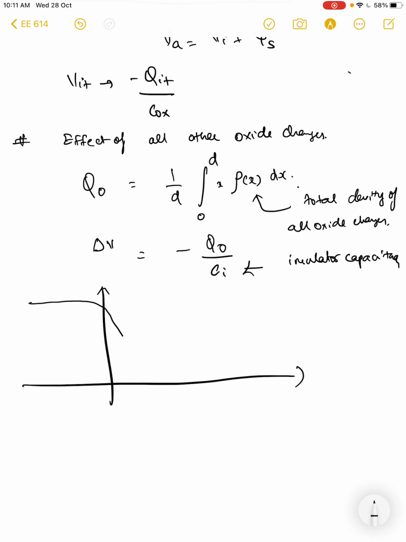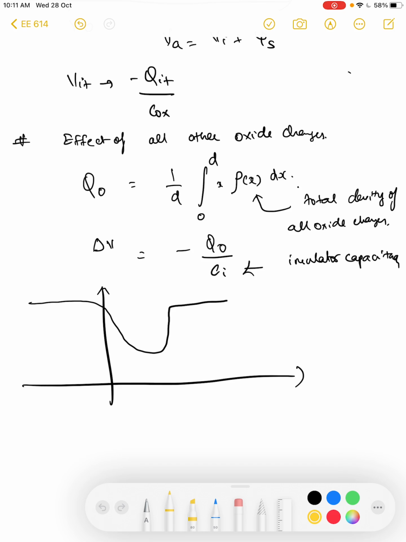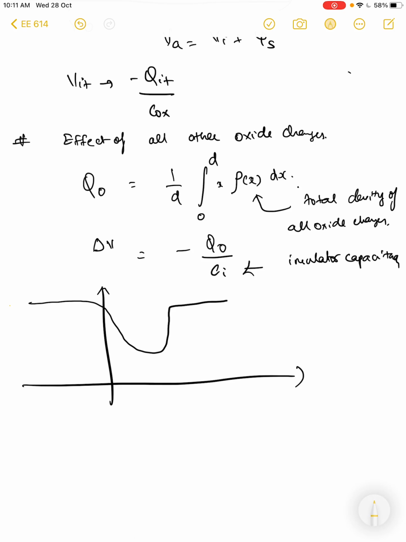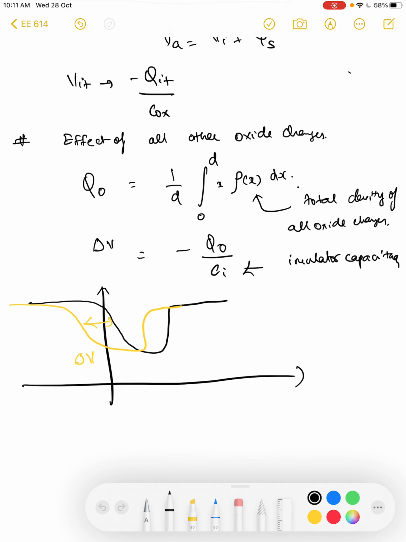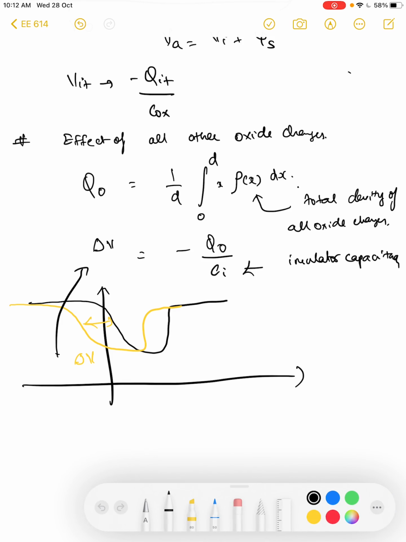If this is your ideal CV relation, you will have a CV with oxide charge densities in this fashion. So you will have this del V given by this expression. If you have Q naught, that is a summation of all oxide charges, to be negative, obviously you will have a shift in the other side.